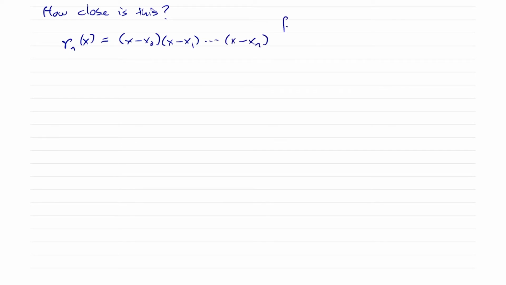So how close is this? Well, if you take a look at the remainder formula, let me just pull it up real quick. For Rn of x, with n interpolation points, it's going to be x minus x naught, x minus x1, all the way up to x minus xn, and we're taking the n plus first derivative of f at c of x, over n plus 1 factorial.